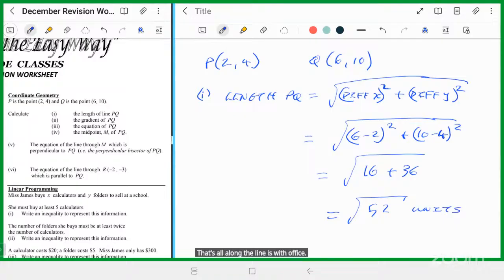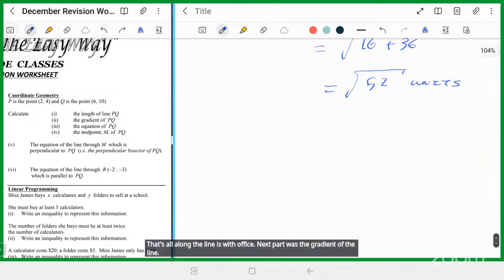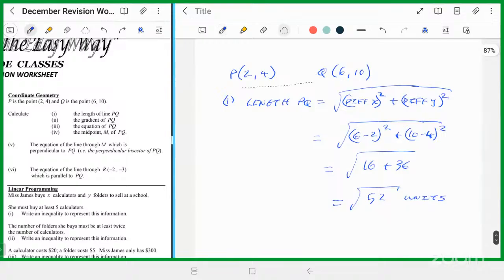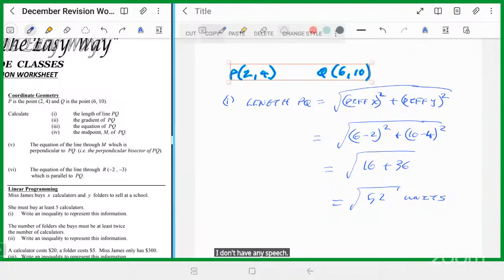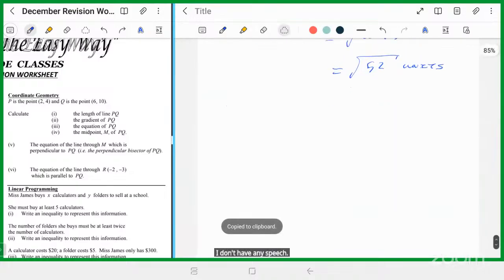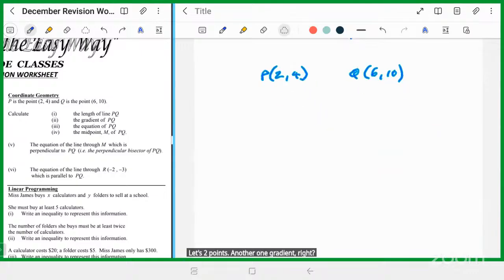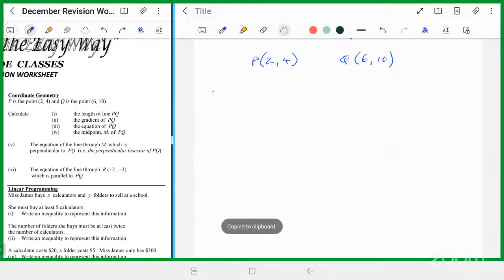Done. The next part wants the gradient of the line. Copy this, I cannot space it on this page. Same two points. Part 2, gradient. When you have the coordinates of two points, it's difference in y over difference in x.